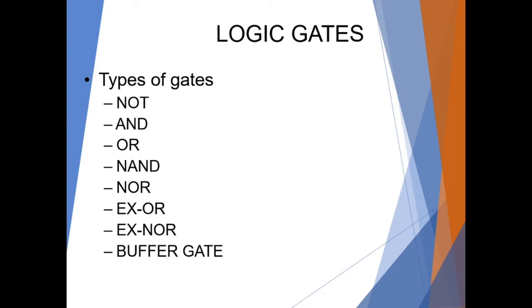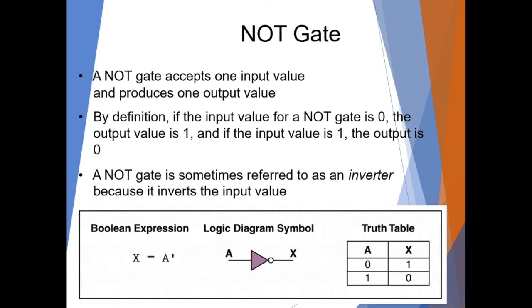The first three gates, AND, OR, NOT, are known as elementary gates because all other gates are derived from these gates. So, let us move to NOT gate.